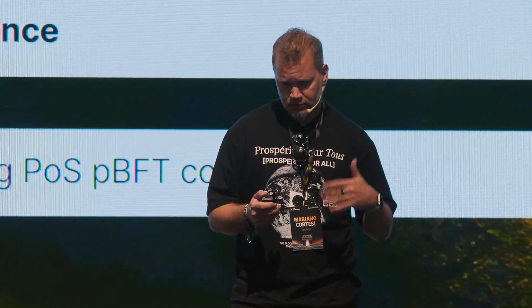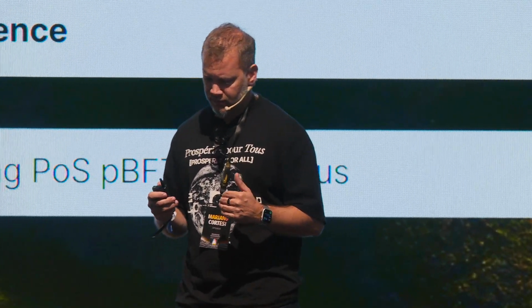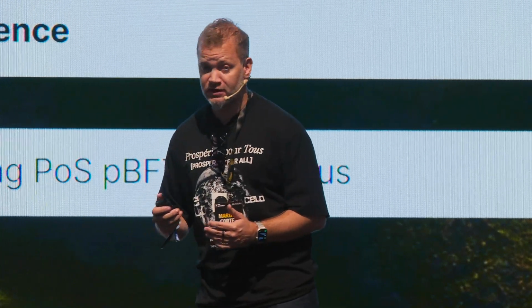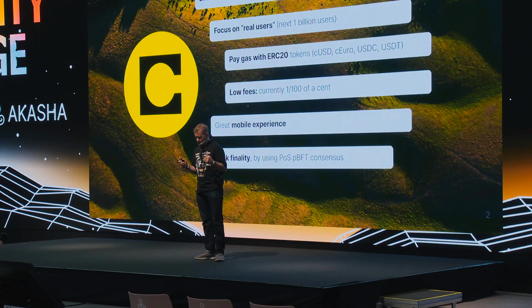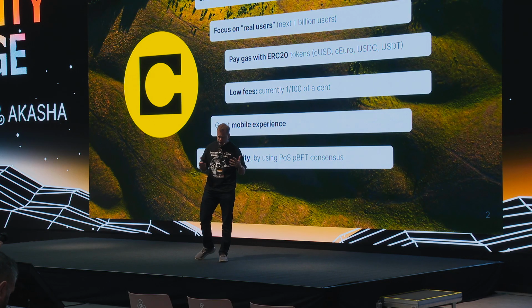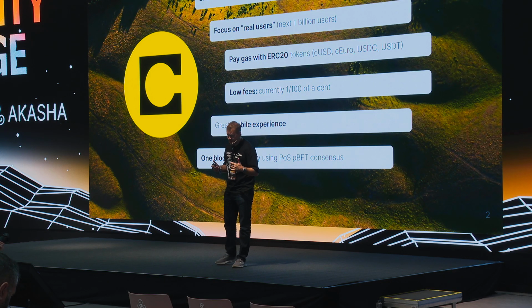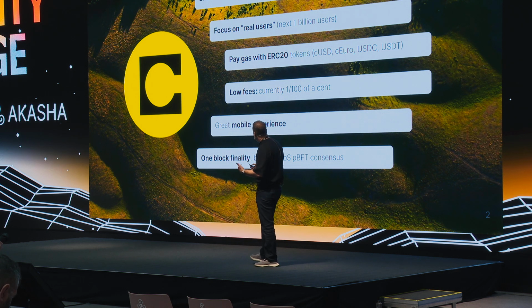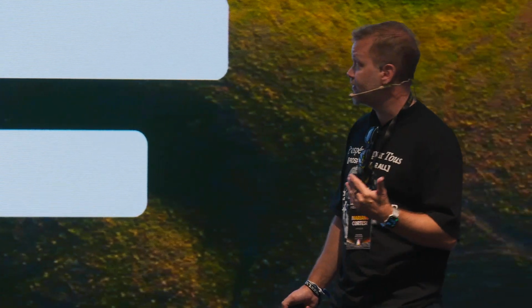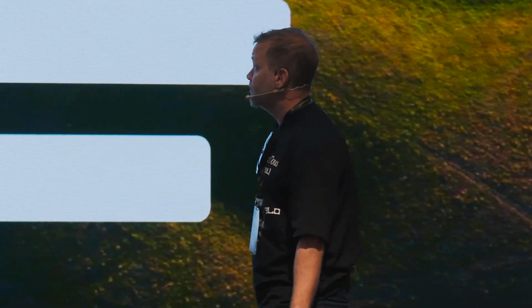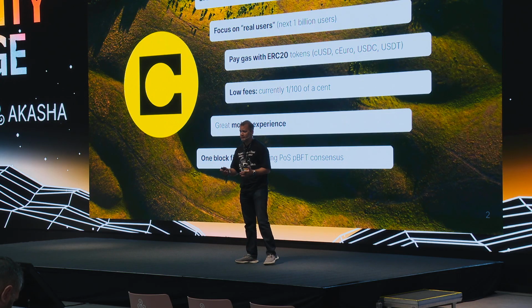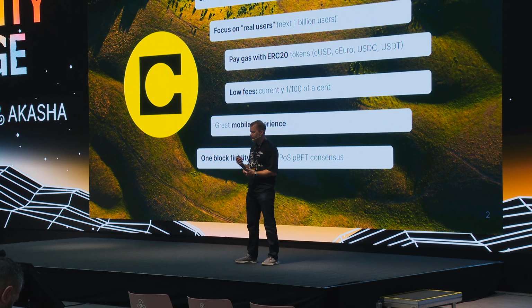Now, when you go on Celo, one of the most distinguished features I would say is that it's a chain that has quite a real focus on what I would call real users, non-crypto savvy users. And when you try to solve that problem, you're going to face a few UX problems that you need to solve. So one of the first things is, if I'm paying for a coffee, I need to pay with the same currency I'm using for the coffee.